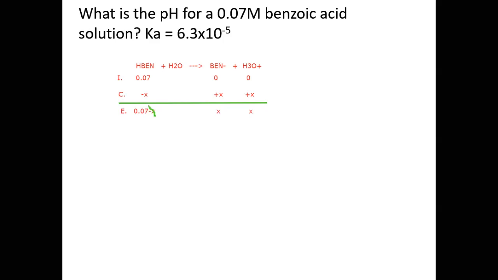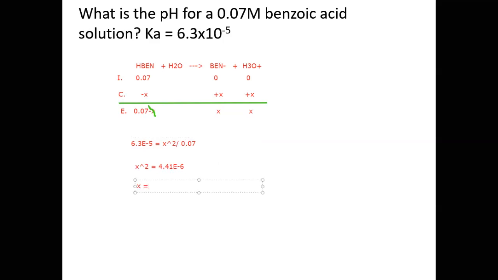And then we get 6.3 e to the negative 5 equals x squared divided by 0.07. And then x squared equals 4.41 e to the negative 6.